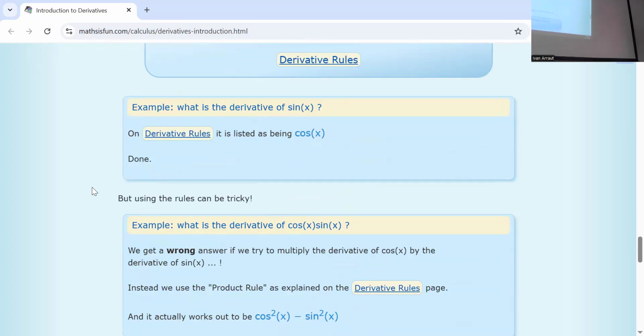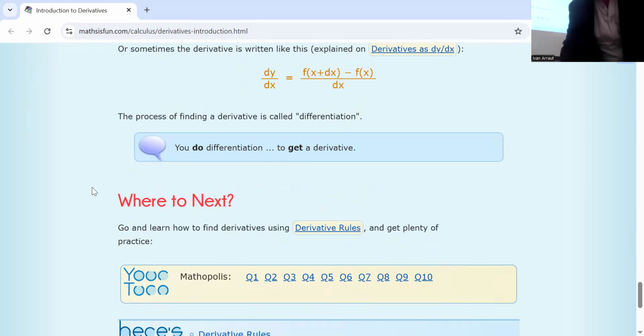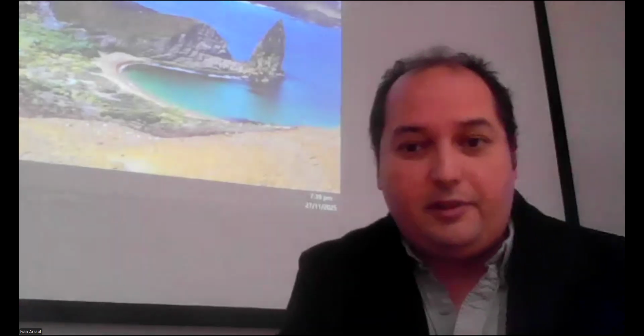Okay, later we will practice a little bit and you will see how easy it is. Now let's go to other notes. Let's go to derivative rules. I will close this one. Derivative rules.